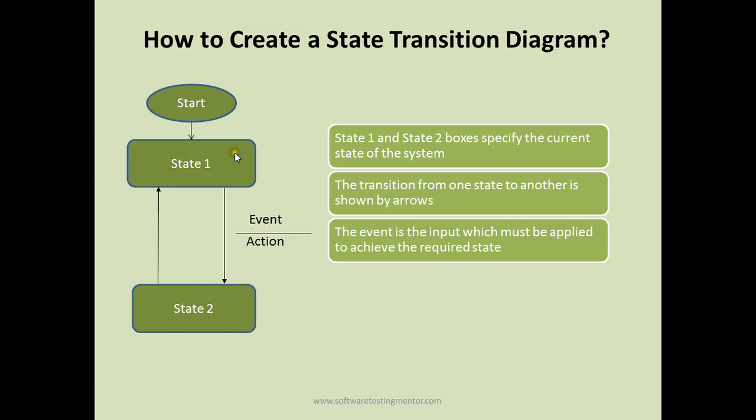For example, the car is initially in a stationary state. So let's take an example that the car is in state 1. Once you start the engine, put on the gear and accelerate, that's the event which moves the car from state 1, stationary, to state 2, that is the moving state.